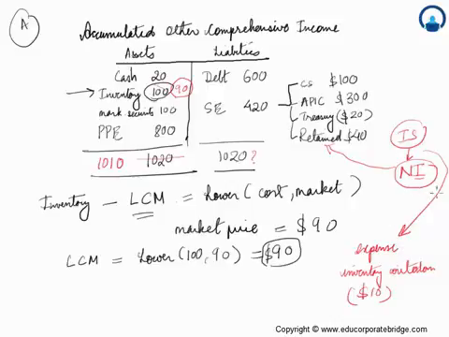So what will happen in turn is that your net income will reduce by $10, and when this gets reduced by $10, instead of $40 here, what you'll have is $30, and instead of 1020 then you'll have 1010, with the shareholders equity section not being at 420 but 410.